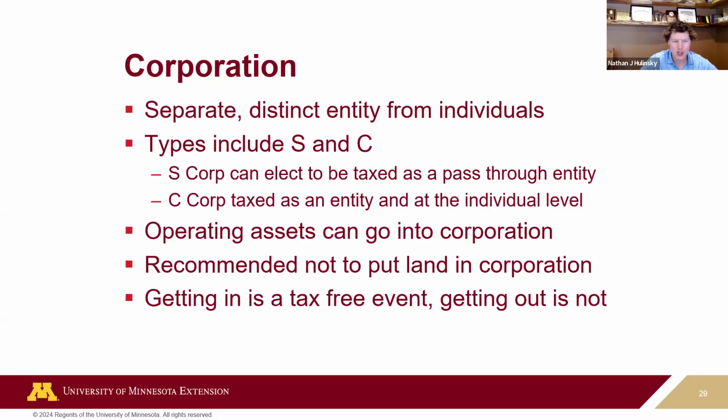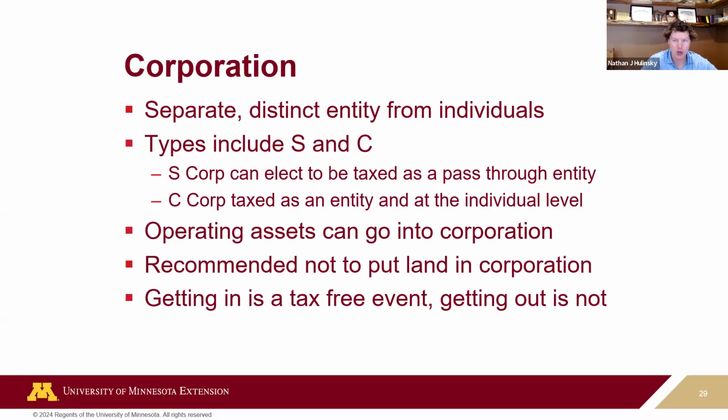Okay, S corporations can elect to be a pass-through entity for taxation, where the business itself isn't taxed and the profits from that business are passed through to the corporation owners. Or the C corporation can be taxed as an entity, so a separate business, and then also at the individual level.